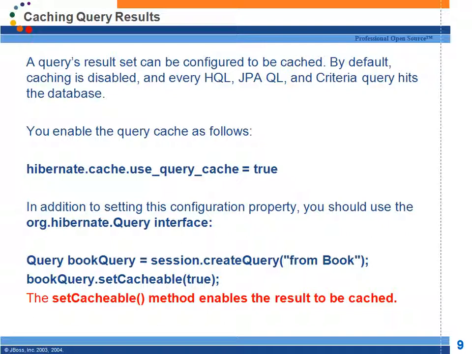Three things you have to do: enable second level cache, write this property, and also set cache equal to true. Then only the results of that query will be cached. Otherwise, queries will not be cached. So results of a particular query will go inside a query cache region.